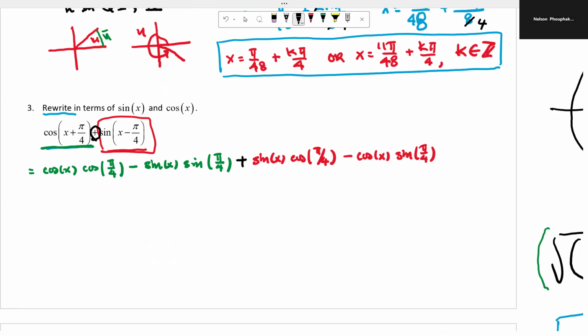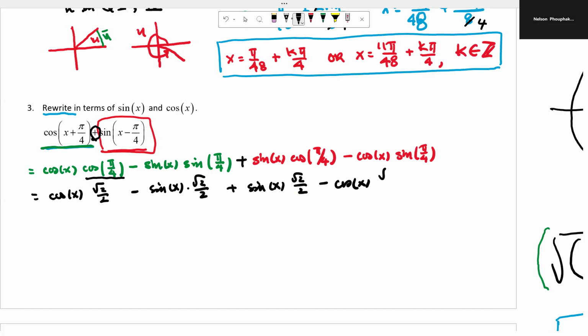And now let us simplify this. Cosine of x times root 2 over 2 minus sine of x times root 2 over 2 plus sine of x times root 2 over 2 minus cosine of x times root 2 over 2.